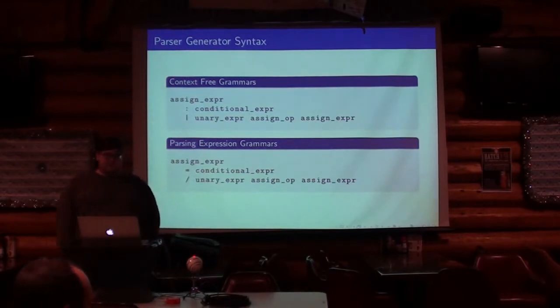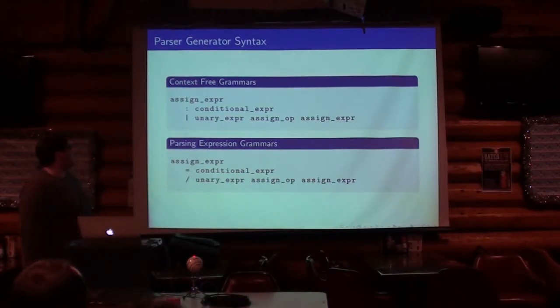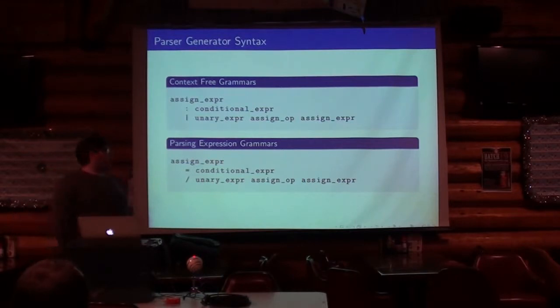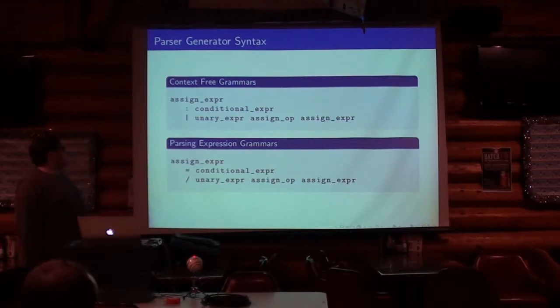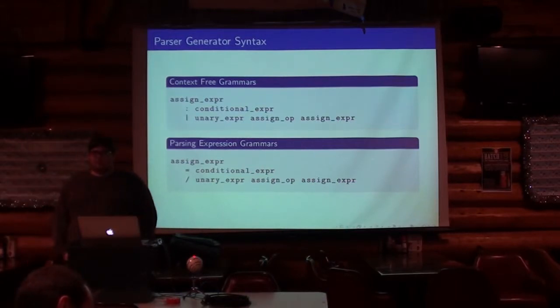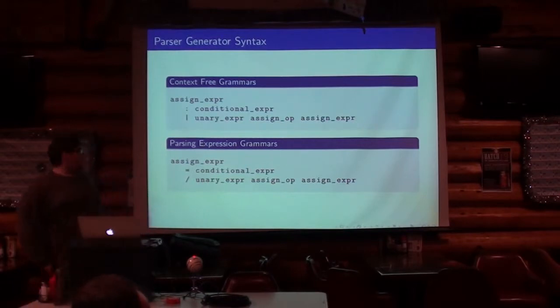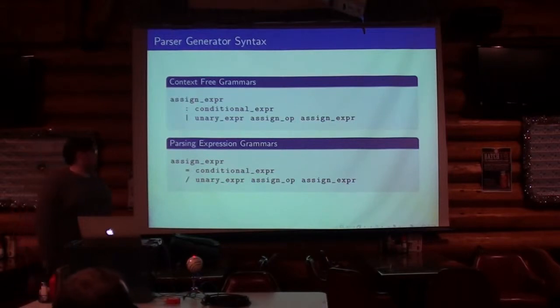So syntax-wise, typical context-free grammar syntax is Backus-Naur form, which looks like that. You've got a non-terminal, and the context-free grammar is parsing done basically by rewrites. So an assignment expression is either a conditional expression or it's a unary expression followed by an assignment operator and an assignment expression.